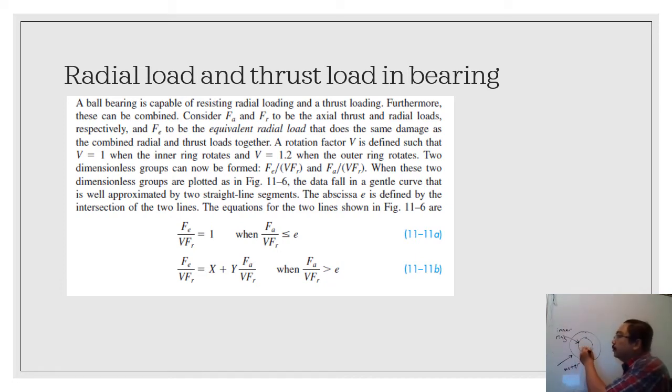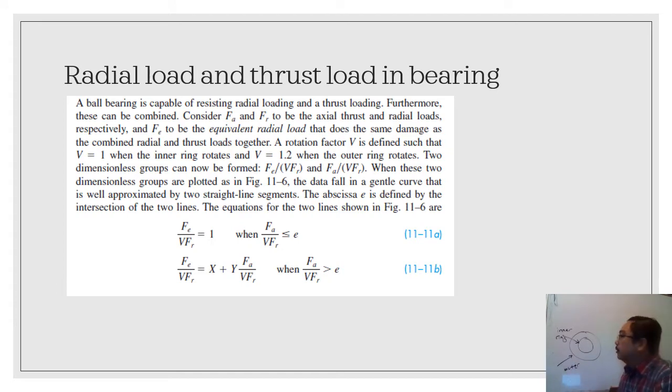When you put the shaft inside the inner ring and the shaft rotates, there will be one calculation for it. When the outer ring rotates and the inner ring does not rotate, there will be another equation for it. I will explain this in the text.